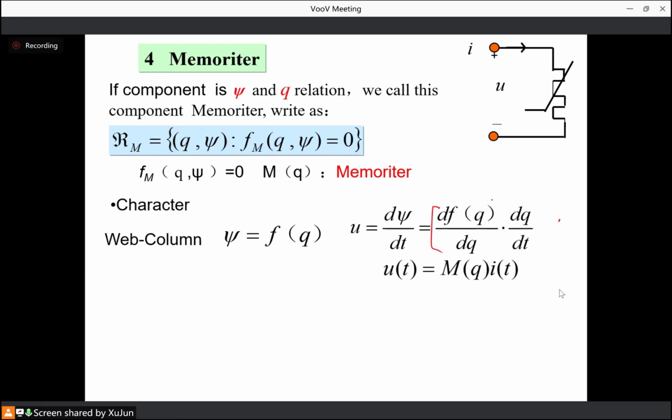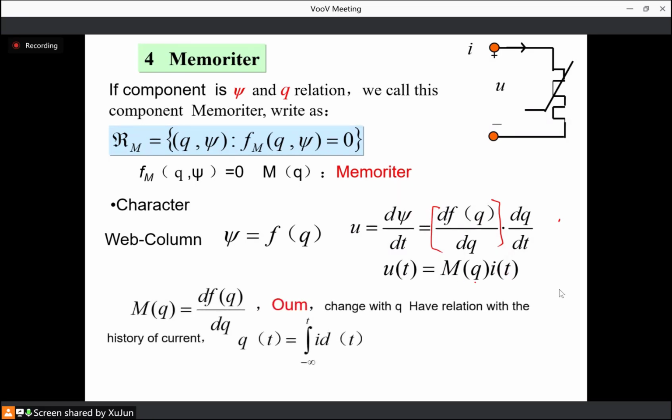We use M(q) to express this. So the voltage-current relation is voltage equals M(q) multiplied by i. And M(q) has the unit ohm, because of this voltage and this current, so the unit should be ohm, a resistance.